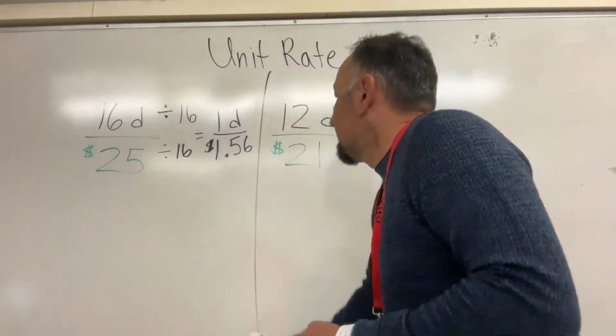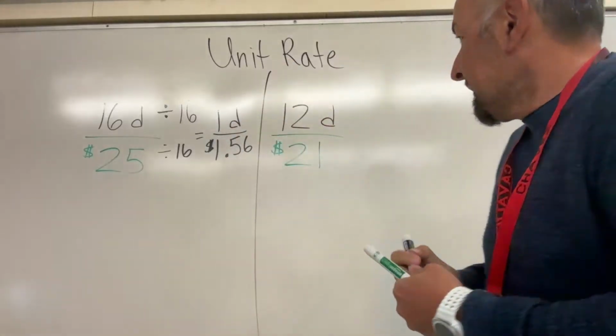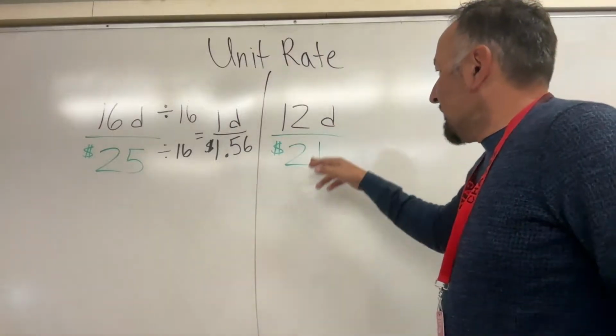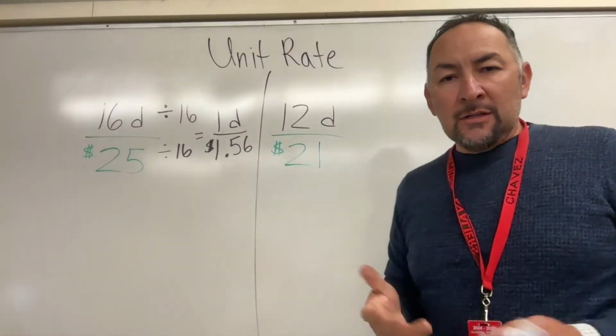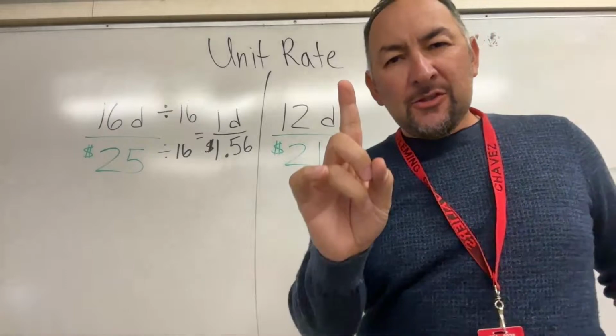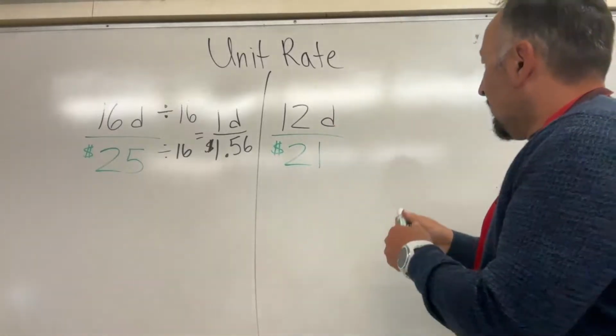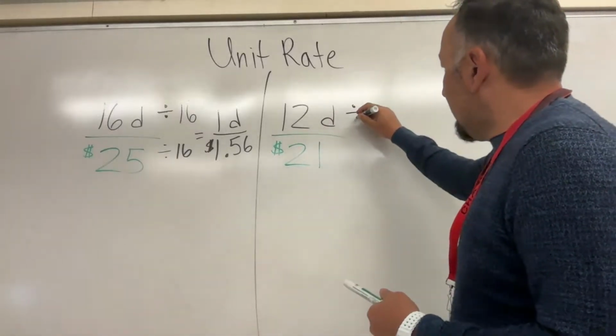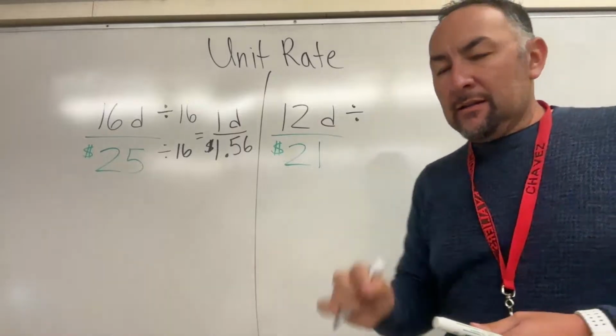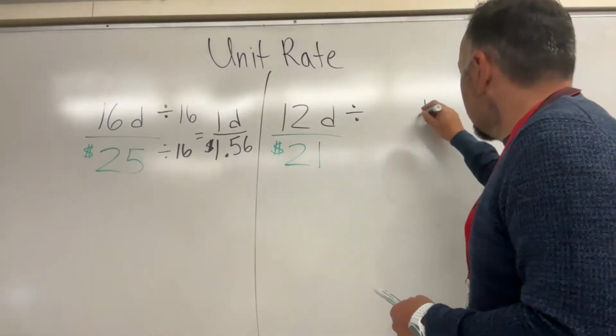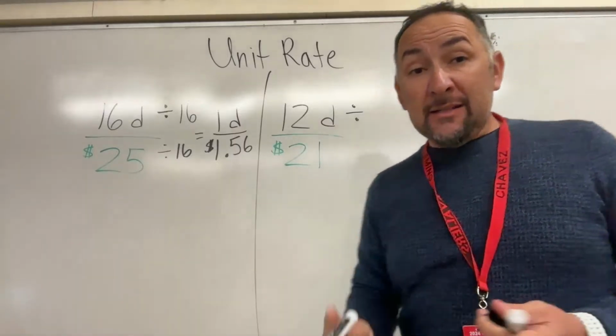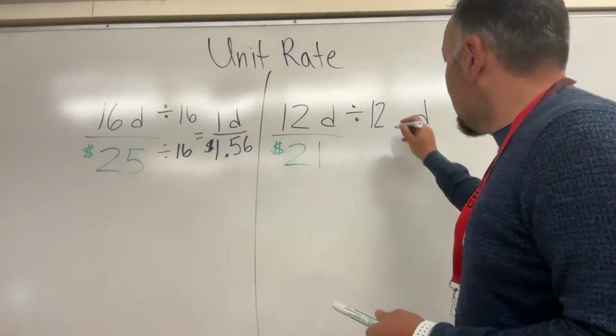All right, let's go to our new place over here. The other place, we bought 12 donuts for $21. Okay, let's find out how much it costs there for just one donut. What are we going to divide this by to get it to 1? Good. We're going to divide it by 12. So let's divide this by 12.